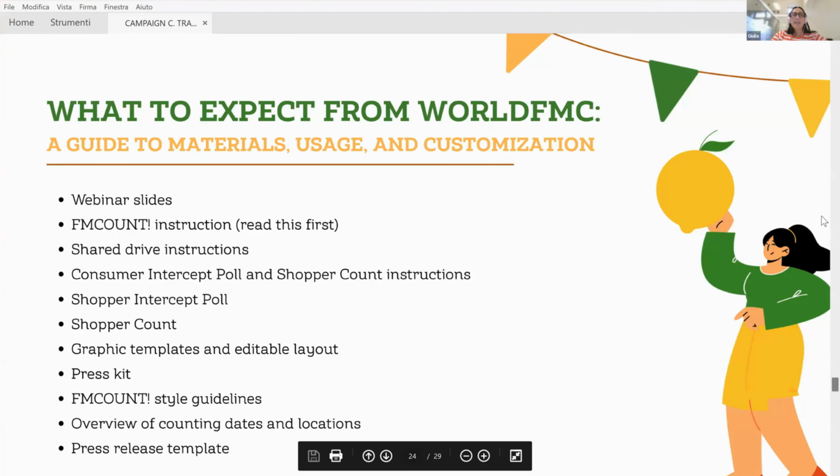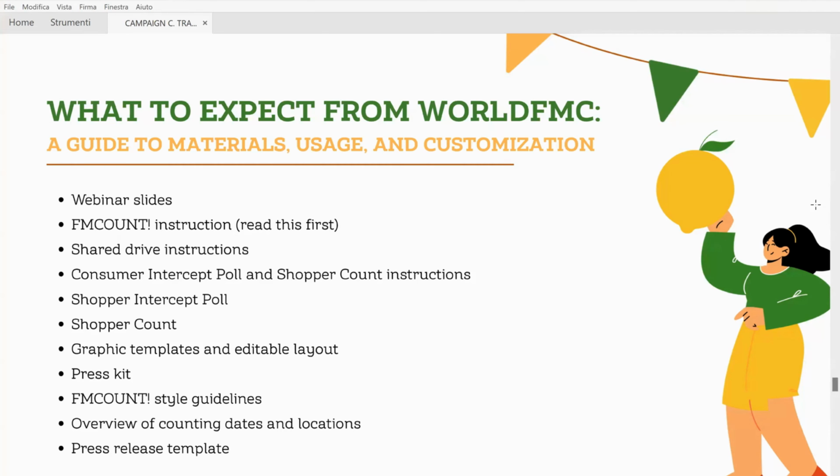Now, here we have a list of the things that you will receive from us. So, of course, the webinar slides, and they will be translated in Spanish and Italian, as well as English. Then you will have the farm market count instruction, and this document is already available on the shared drive, as this one is the standard instruction that we have for the general campaign.